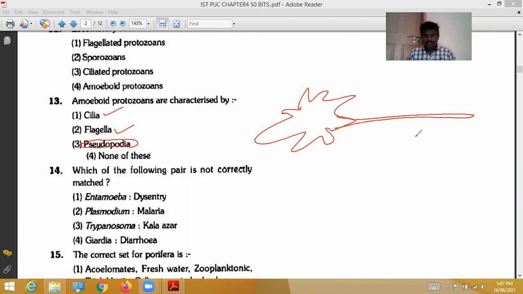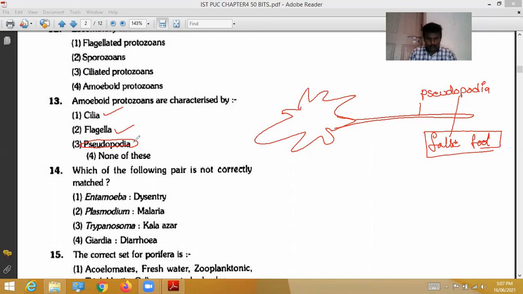It acts as a temporary locomotor organ called pseudopodia, the false foot. So amoeboid protozoans are characterized by pseudopodia.